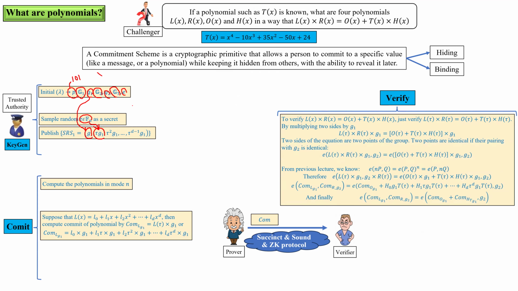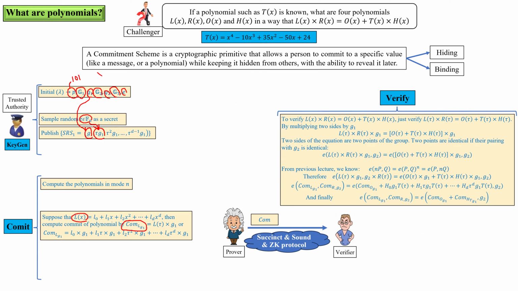And then using this formula, the prover computes the commit of different polynomials. For instance, the polynomial L of x, which is written in the form of L0 plus L1x plus L2x squared and so on.